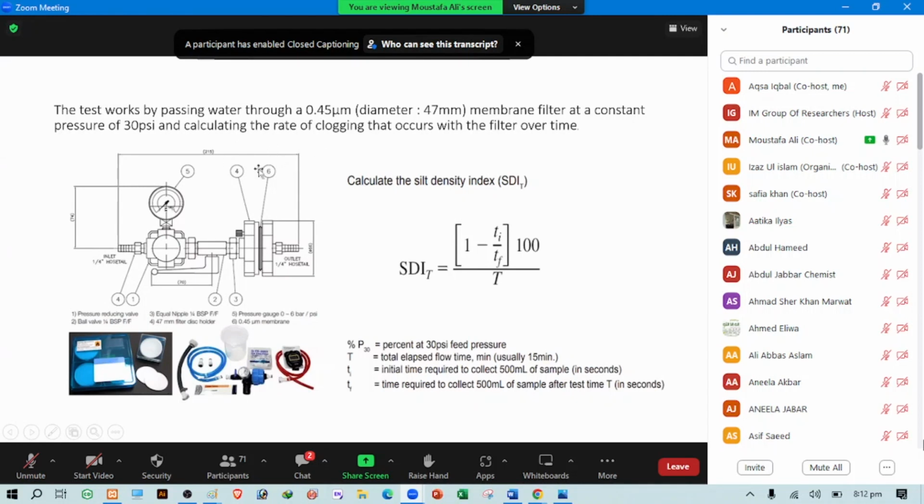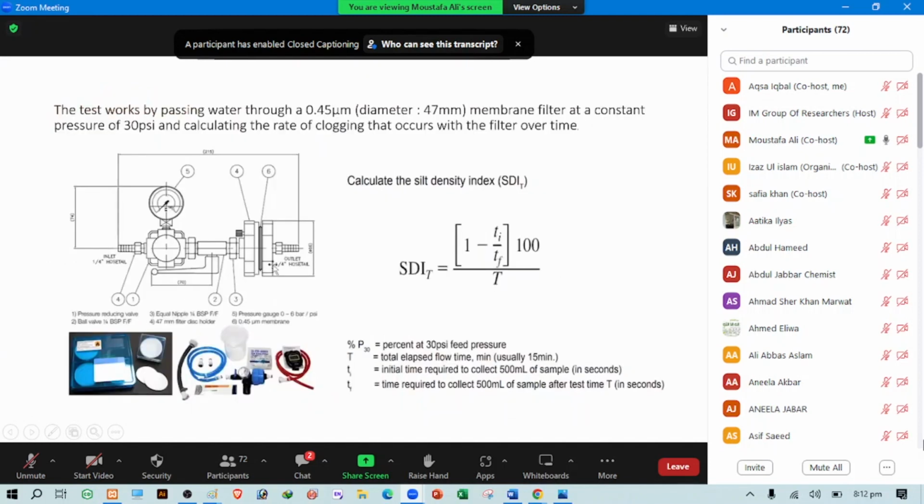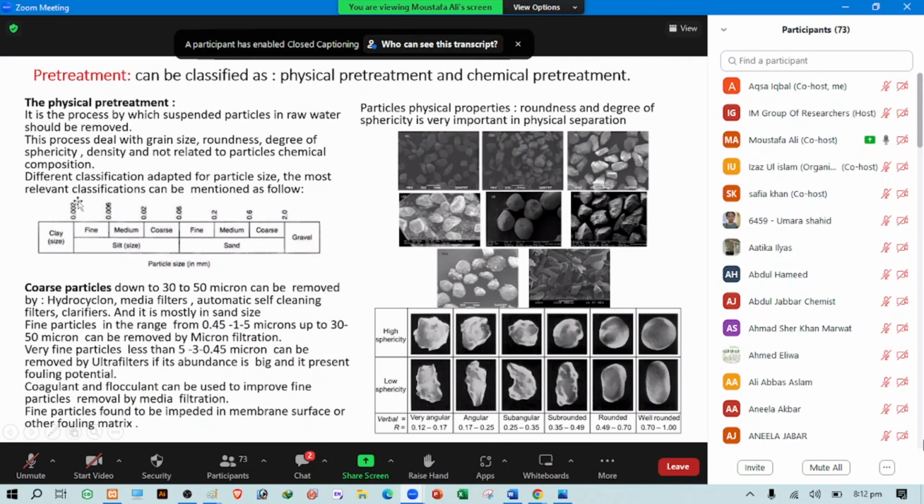So this kind of measurement, the SDI or silt density index, we use for measuring a specific range of size. We also have media filtration.